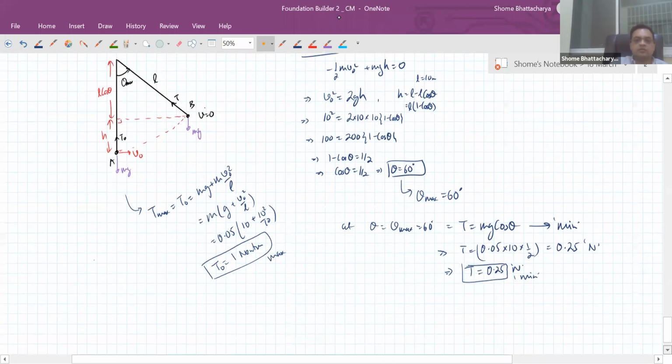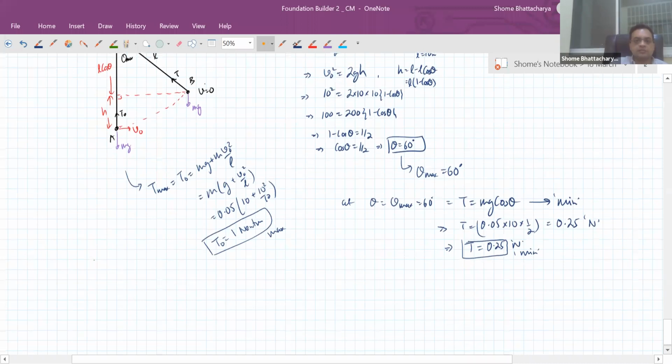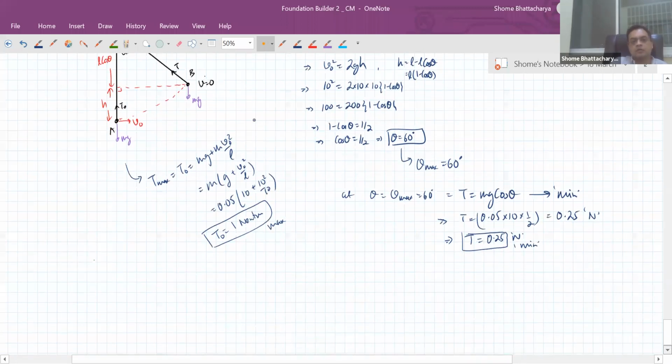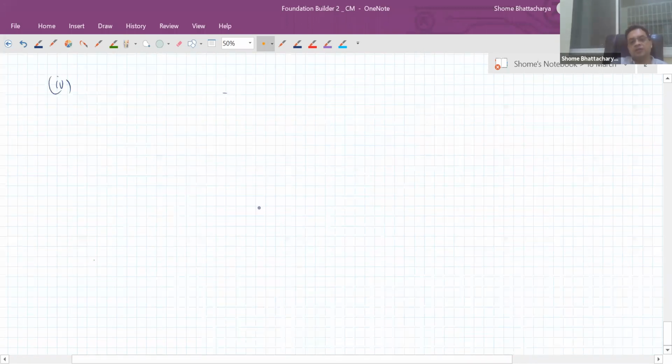Okay, so let's just wind up with the fourth and final case. So the fourth case is going to complete the vertical circular motion, such that it starts with a speed of v naught equal to 30 meters per second. So that is greater than root 5 GL.